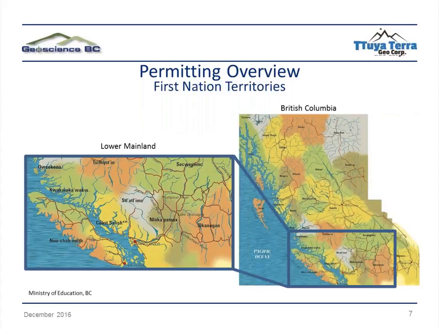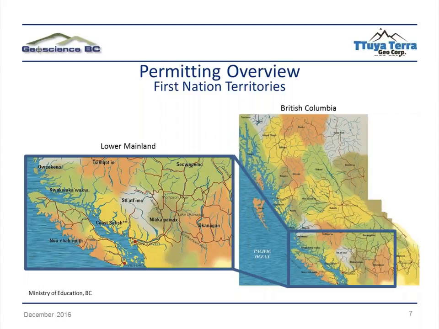Here is an overview of the asserted First Nation territories in BC. Some of the boundaries here may change over time as First Nations work together to define their boundaries or what areas are shared. That's why you see that there are no defined linear boundaries on this map.